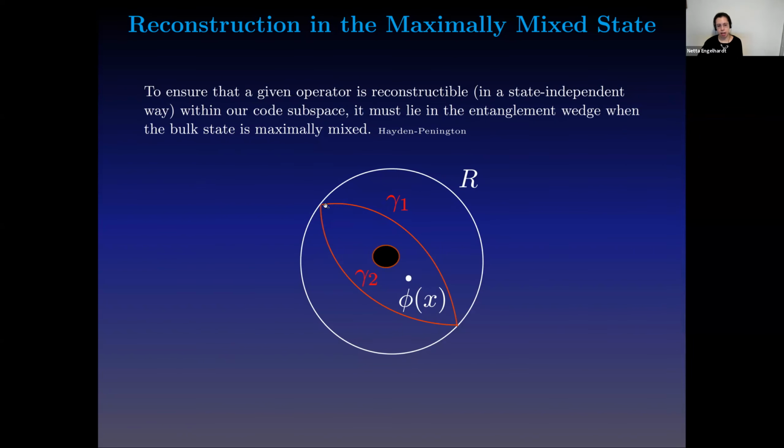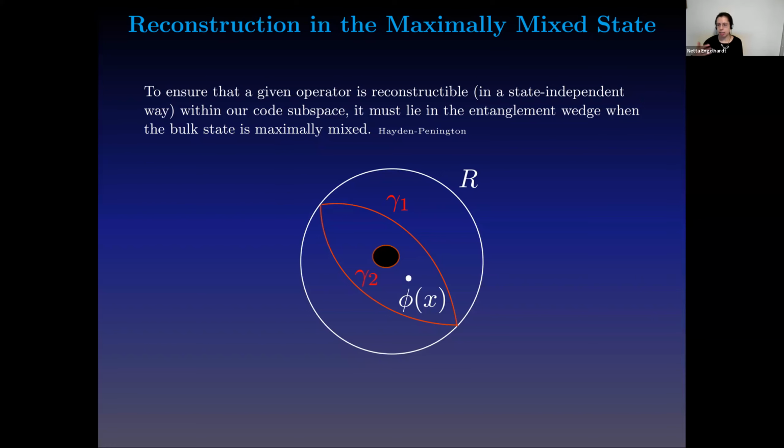So here's an example. We have two quantum extremal surfaces, and we say, suppose that before we act with this operator, x lies within the entanglement wedge because gamma 2 dominates. But after we act with this operator, the quantum extremal surface jumps, and now it's gamma 1. And this operator no longer lives in the entanglement wedge, and we cannot reconstruct it. Well, this was something that was investigated by Hayden and Penington, who found that if you want to ensure that a given operator is reconstructible within your code subspace, then it has to lie in the entanglement wedge when the bulk state is maximally mixed.